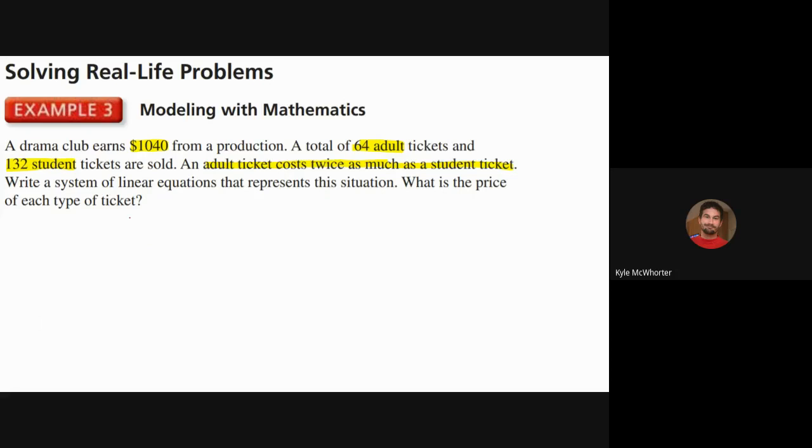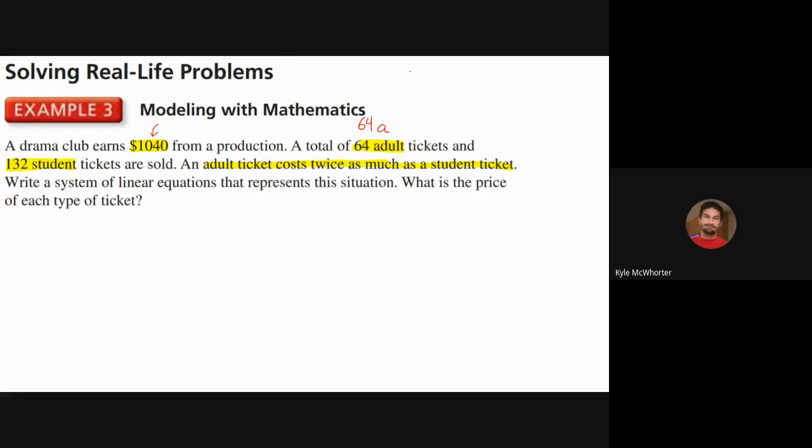Okay, so one of the equations is going to come from the money, because they gave us a total of money. And that comes from ticket sales, right? So 64 adult tickets. So if we let A represent the price of an adult ticket, because 64 is the number of adult tickets.